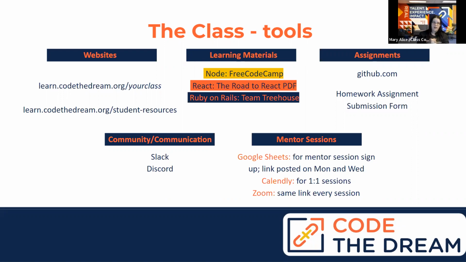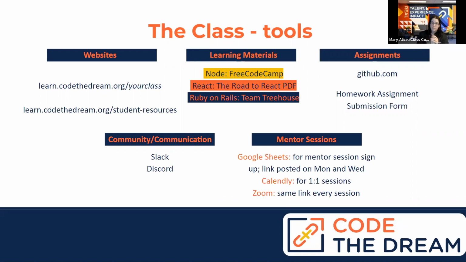Each class will have learning materials specific to their class. The Node class, we've got freeCodeCamp videos as the primary source of your learning materials, and we break down what time segments of those videos you're going to want to watch for your lessons each week. For the React class, the Road to React PDF, it's a printed book, but we have the PDF version that we will be providing you with.